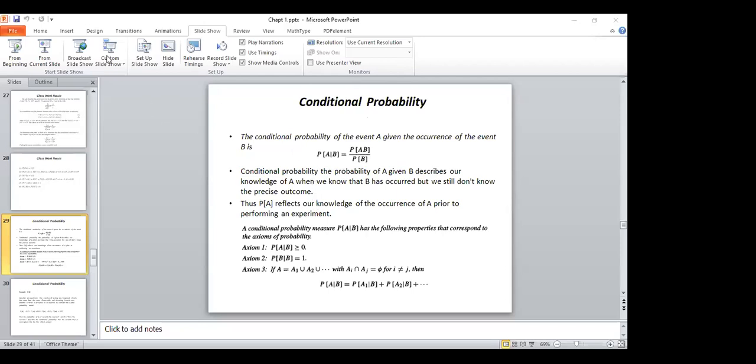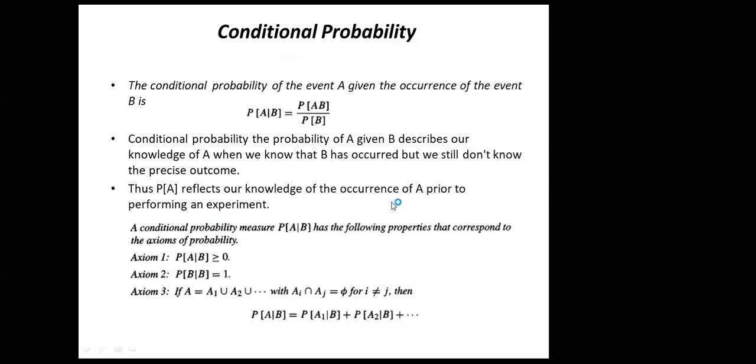So this conditional probability is something we have already seen. The equation for conditional probability is probability of AB divided by probability of B. That is the intersection probability divided by probability of B. Whatever is on the right side, that will be in the lower side. And then we have seen the axioms of this probability.